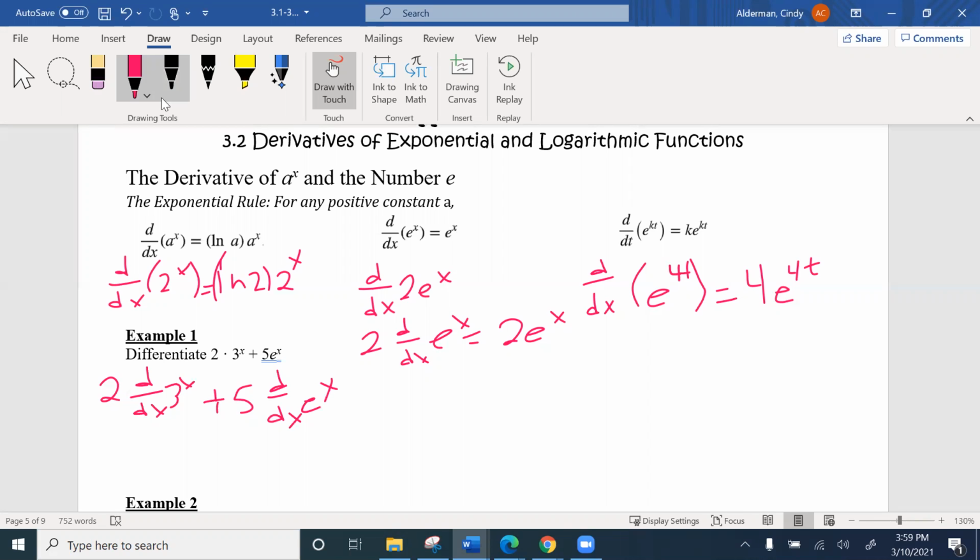And now we'll just do 2, and the derivative of 3 to the x is just natural log of 3 times 3 to the x. This is plus 5, and the derivative of e to the x is just e to the x.